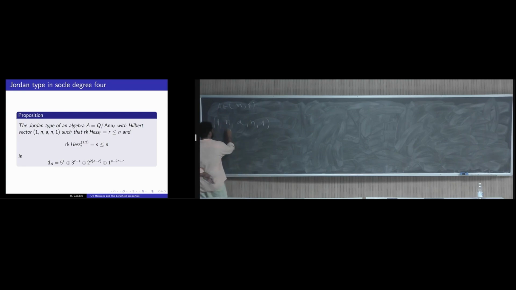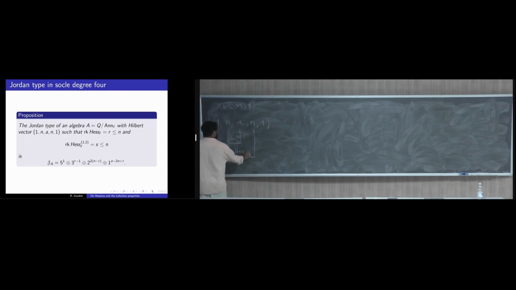SLP is controlled here by Hess 1 of f. And WLP is controlled here in the middle by Hess 1, 2 of f. As a matter of fact, it would be Hess 1, 2 dual, but the dual of 2 is 2.